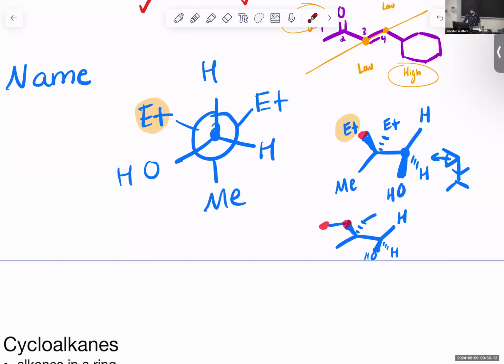So I need to have 2 carbons, the edge of that wedge, and then the end of that line. That's 2. 2 carbons for the other ethyl that's on the dash is the end of the dash, and then the end of the line. Those are 2 carbons. Methyl is 1 carbon, so it's just the end of the line.